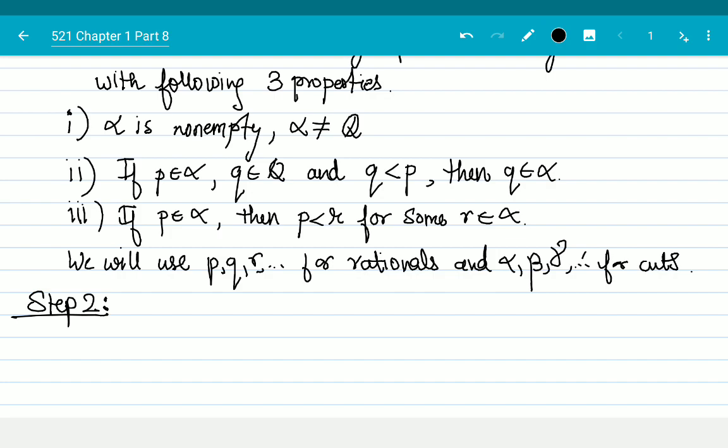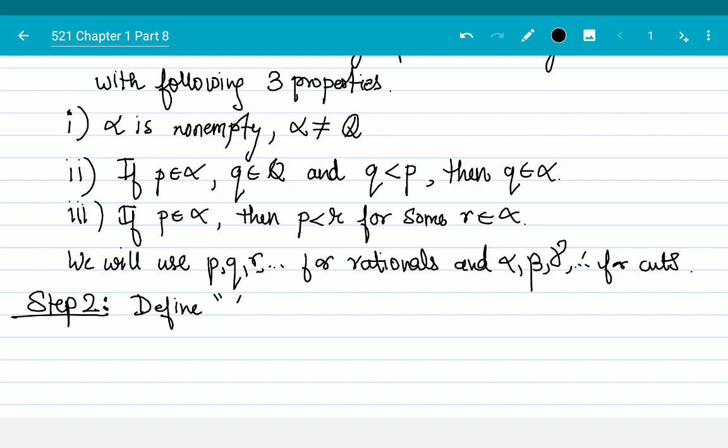Point 2 basically says if p belongs to alpha and q does not belong to alpha, then q has to be greater than p. So again, the mental picture you should be having is an open interval from negative infinity to a point alpha. We don't know if alpha is real or rational. You can use it for both, but that's the mental picture you should be having.